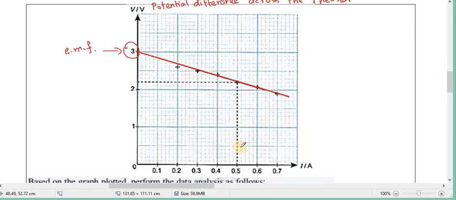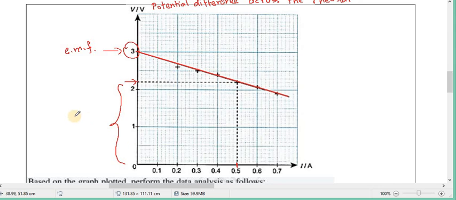You see, let's say this value, this 0.5, is the current that passes through the external resistance. Remember, this reading is the potential difference across the rheostat, right? That means this reading is the potential difference of the external resistance.